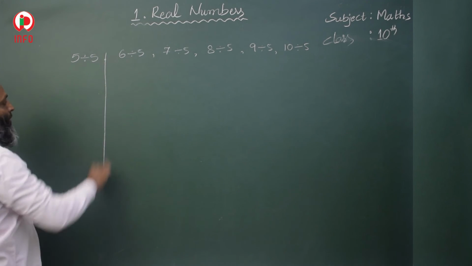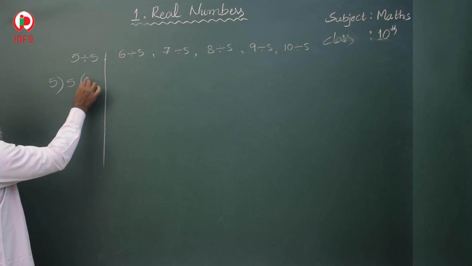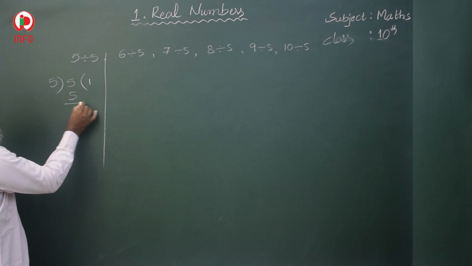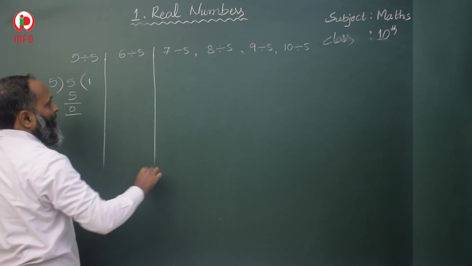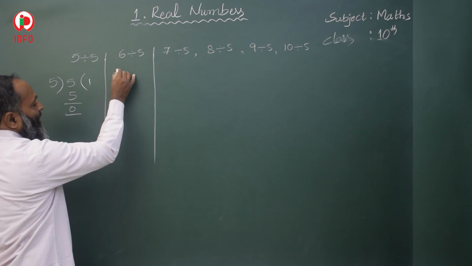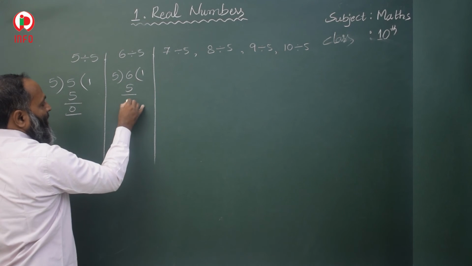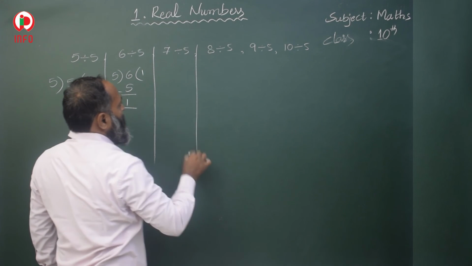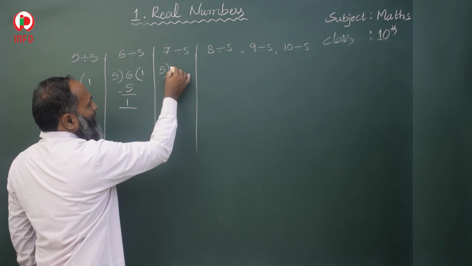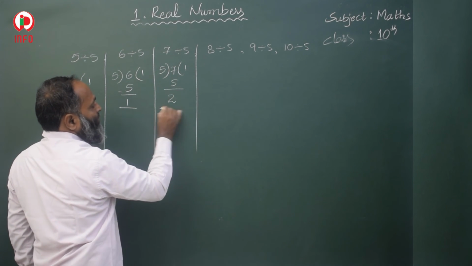5 divided by 5: 5 ones are 5, the remainder is 0. If 6 is divided by 5, 5 ones are 5, and the remainder is 1 if we subtract. If 5 divides 7, 5 ones are 5, the remainder is 2.